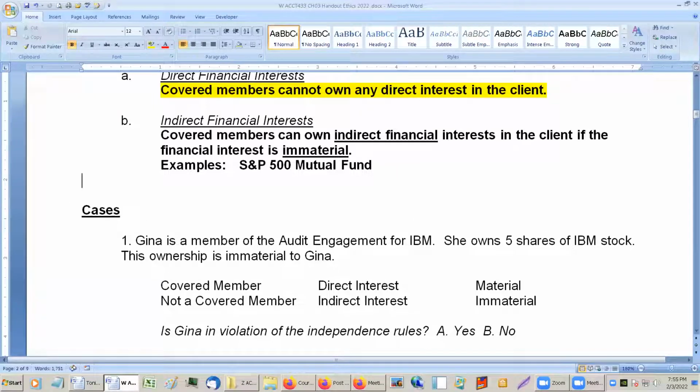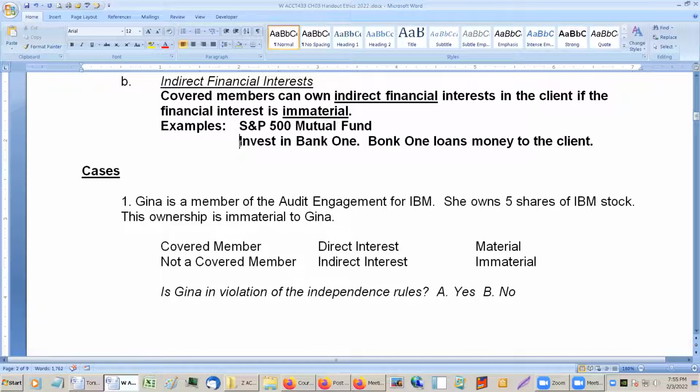Another way you could have it is to invest in, say, Bank One, and that bank loans money to IBM.